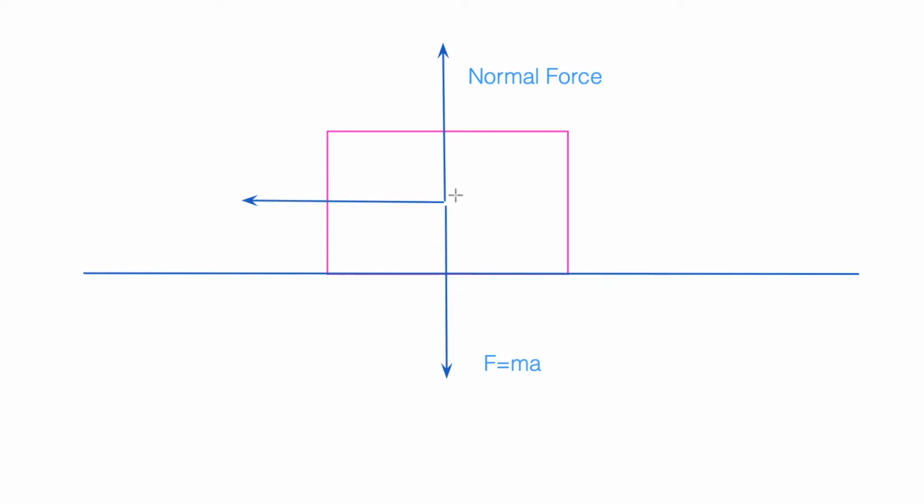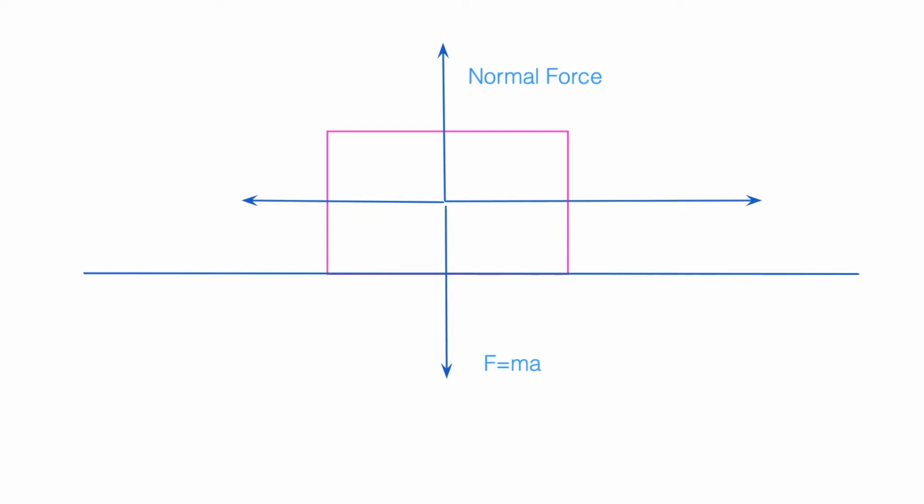And then there may be another force going in this direction. It may be being pulled. Now, if these two forces are equal, then the object's not going to move. But if the one on the right's bigger, the object's going to be moved towards the right.